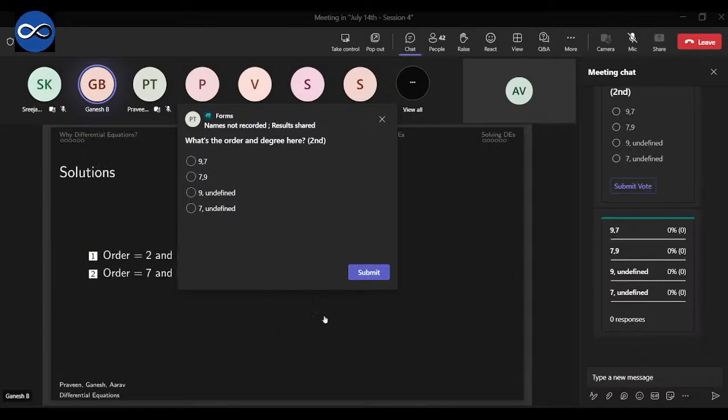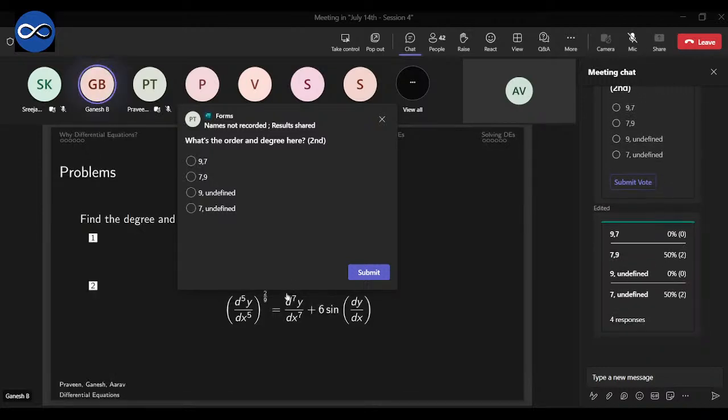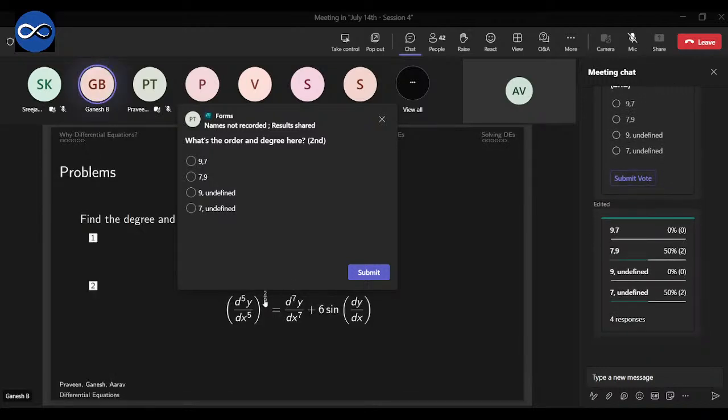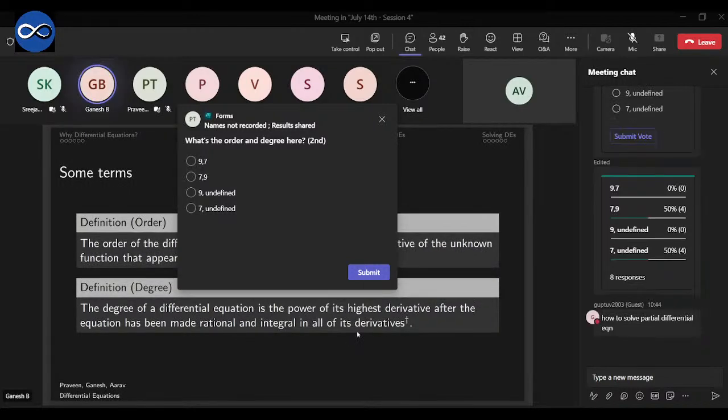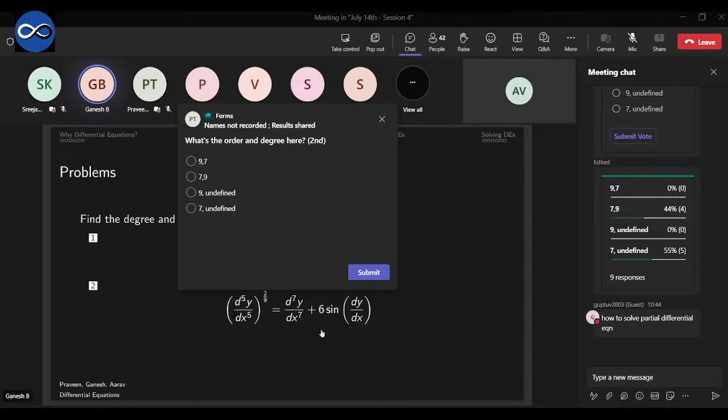But the degree is not very obvious. There is a 2 by 9 term here, and as per the definition, you're supposed to make it polynomial. That is, you need to make all the derivative terms integral and rational. But obviously, in this equation, it's not so. So, do you have to convert it first to a polynomial equation?